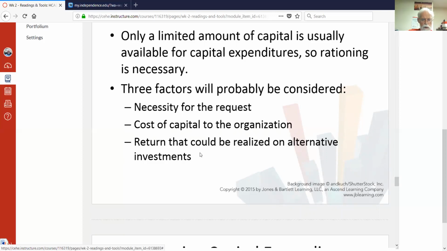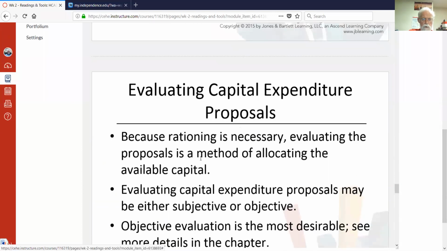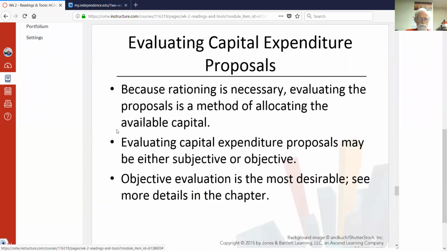Most of our medical organizations don't put their money into things like capital markets. But we may be looking at several different ways to go in terms of our capital expansion, and we need to look at the relative return of each of them in order to make good decisions.